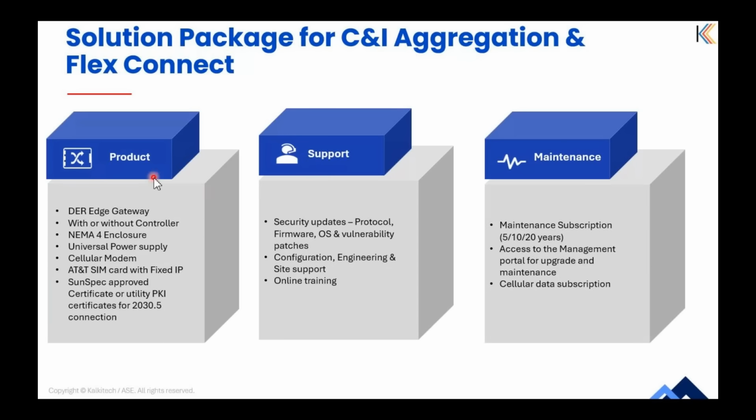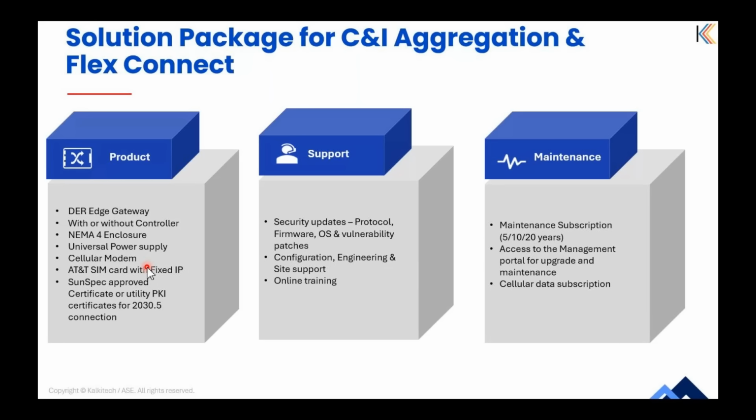First, look at the core product. This includes a versatile gateway, which can be configured with or without an integrated controller, all housed within a NEMA 4 enclosure, suitable for field installation. This package comes ready with the universal power supply and integrated cellular modem, and is also pre-packaged with the AT&T or Verizon SIM card with a fixed IP for reliable connectivity from the utility to the aggregator.